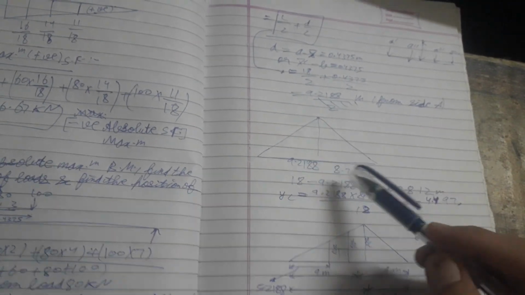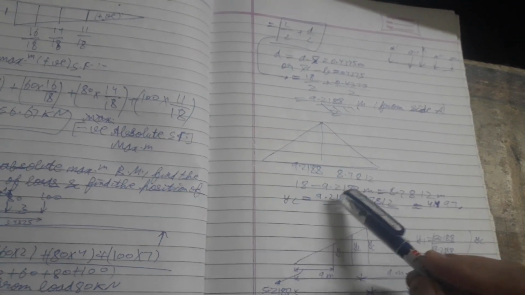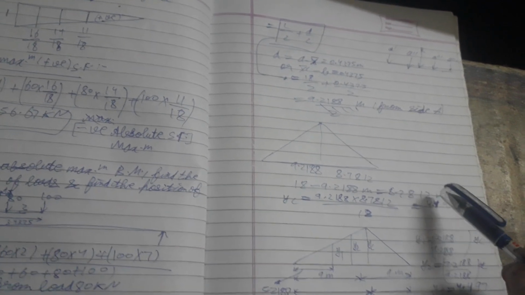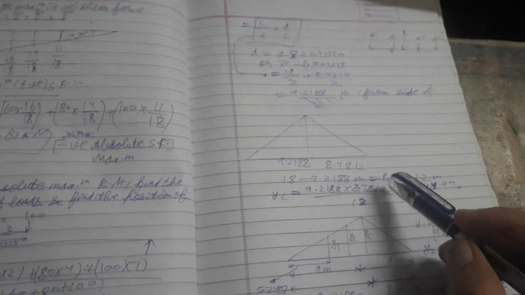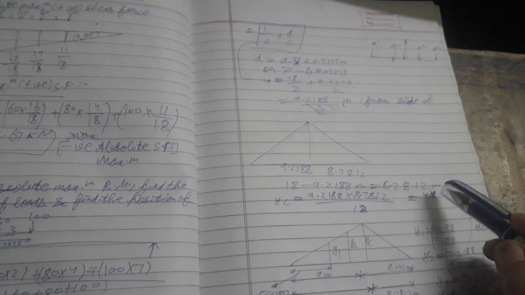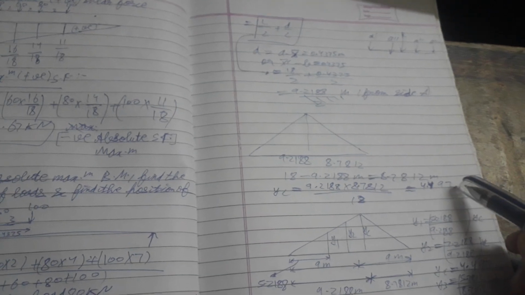Then it is 9.2188. This is 8.78. 18 minus 9.2188 meter is equal to 8.7812. YC is equal to 9.2188 into 8.7812 divided by 18, which is approximately equal to 4.497.